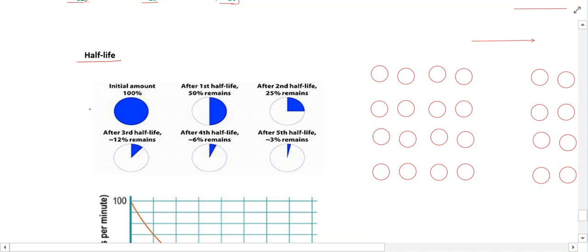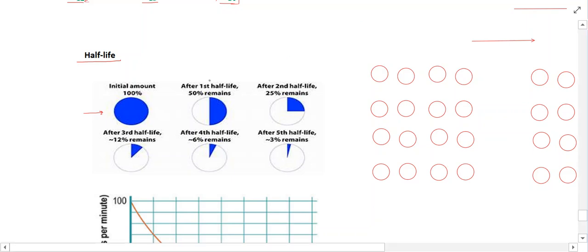So what we're looking at here is, imagine we have a sample of carbon-14, for example. Initially we will start off with 100% carbon-14, so all of the atoms will be there and none of them will have undergone any kind of decay.